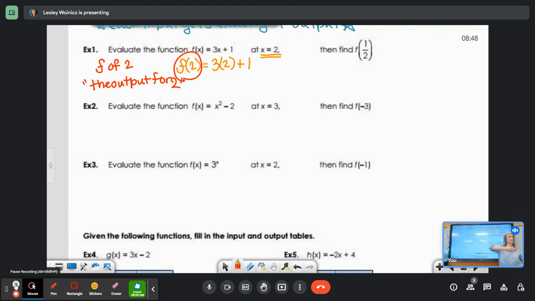So all we have to do is simplify using the rule, and we know the output. So 3 times 2 is 6, plus 1 is 7. So we say f of 2 is 6 plus 1, or 7. And we're done. The output for 2 is 7.